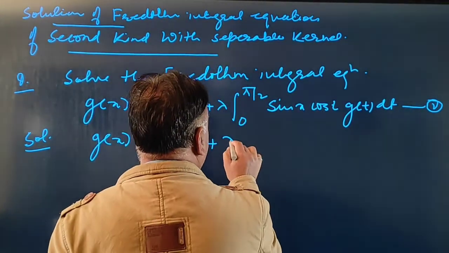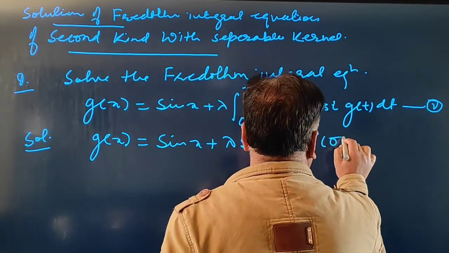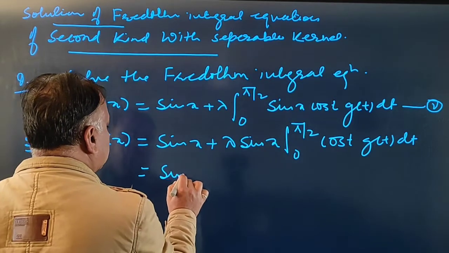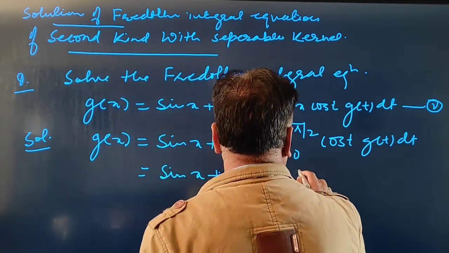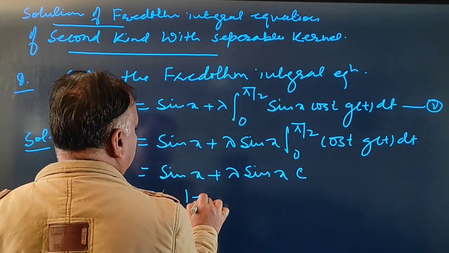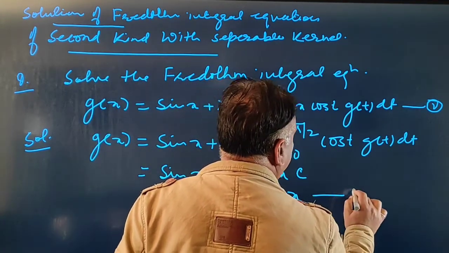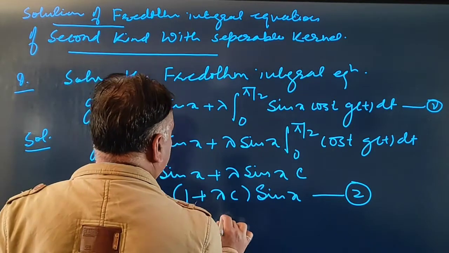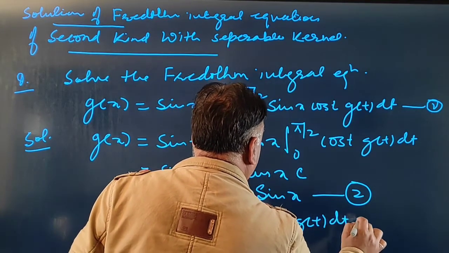We can write it as lambda into sin x integral 0 to pi by 2 cos t g(t) dt, and this can be written as sin x plus lambda into sin x into c, or we can write it as (1 plus lambda c) multiplied by sin x, where c = integral 0 to pi by 2 cos t g(t) dt.